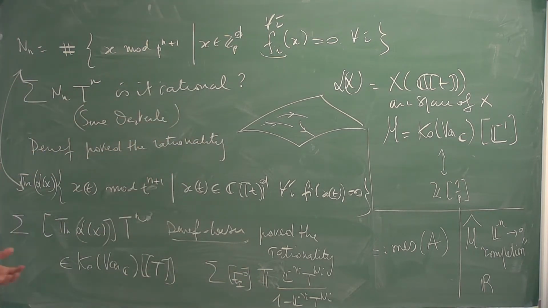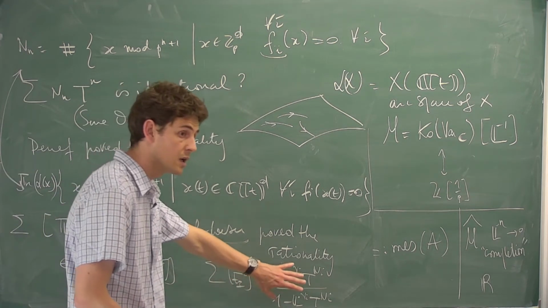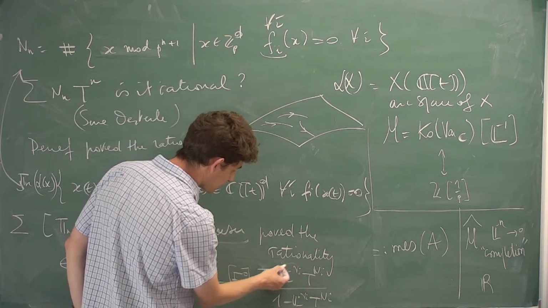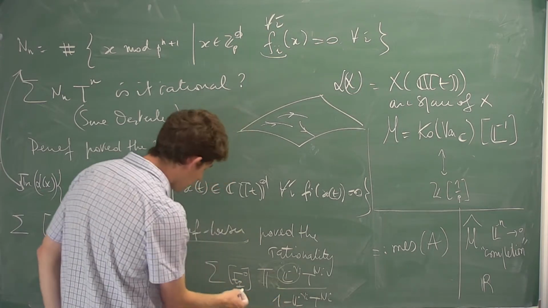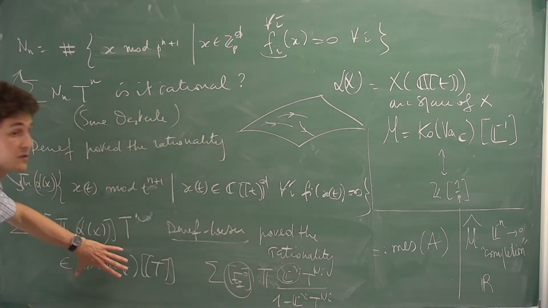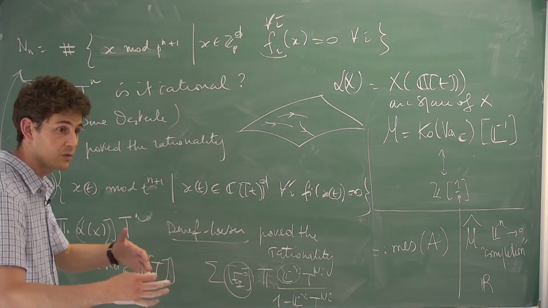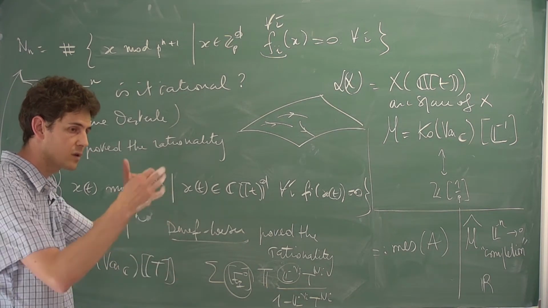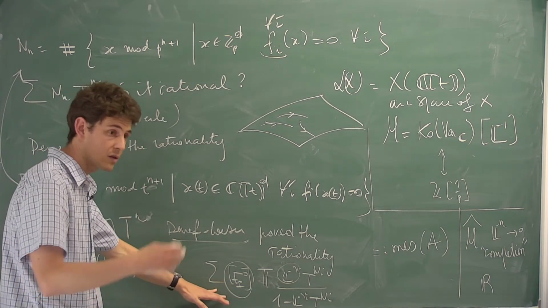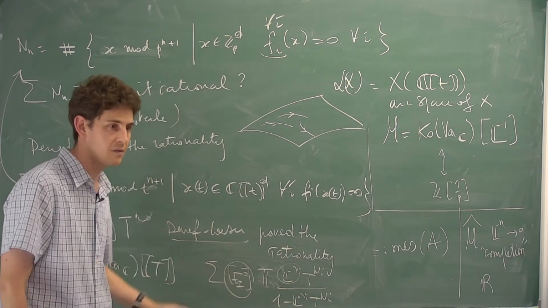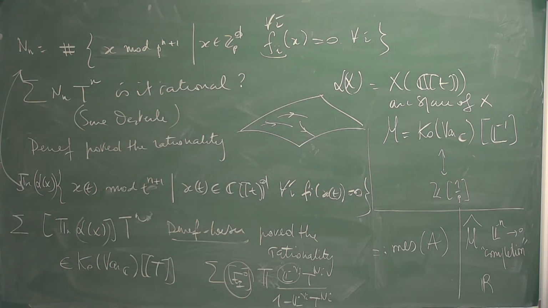So you have some rational function in T, and the coefficients are like that, and you have multiplication by the class of this, okay? And this is a finite sum. And to tell everything, if you take a resolution of singularities, then you have a normal crossing divisor, you stratify, and this sum is done on the stratification of the normal crossing divisor. And we will do it next week. Okay, we'll show you how to do it.